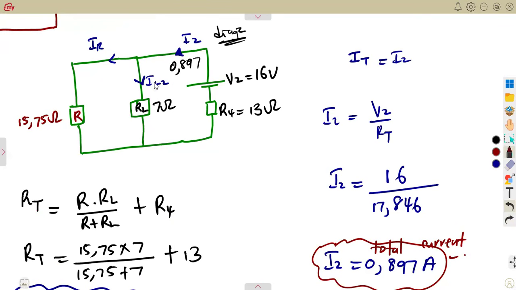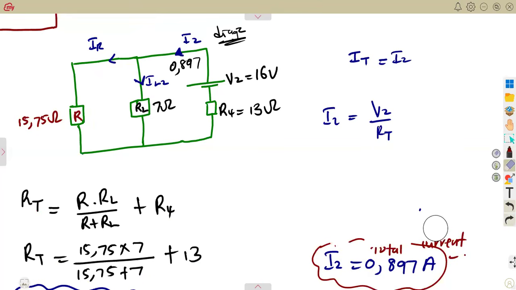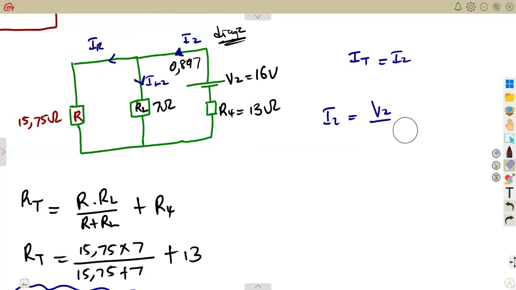According to this, we can see that this is the same current that is entering here, IL, and also IR. So it is divided on these two. So meaning to say the current divider rule can be used to calculate this IL2. So with this total current, we are now going to calculate the current across the load.